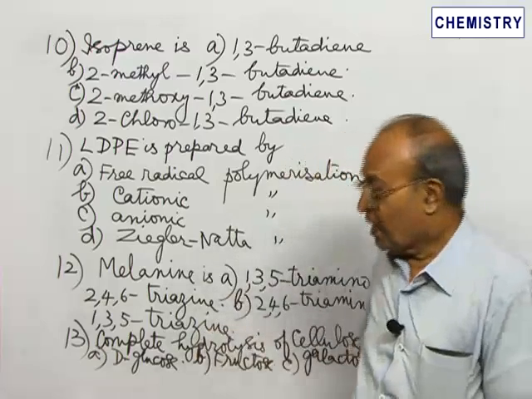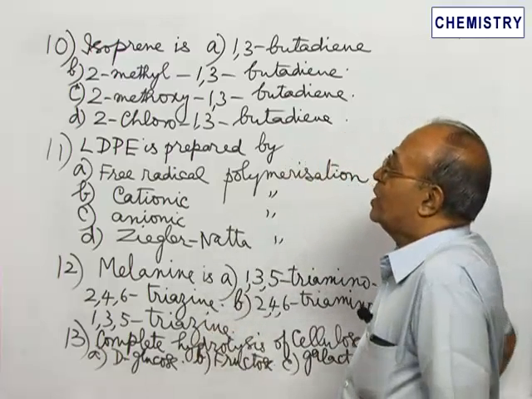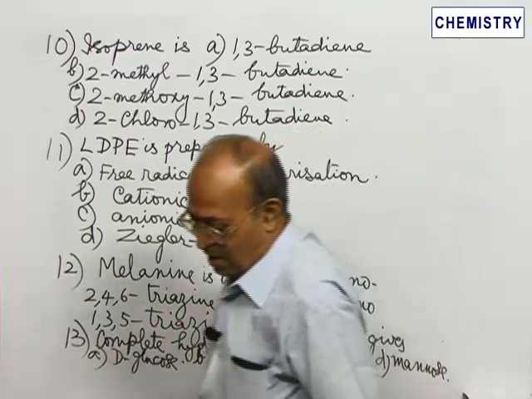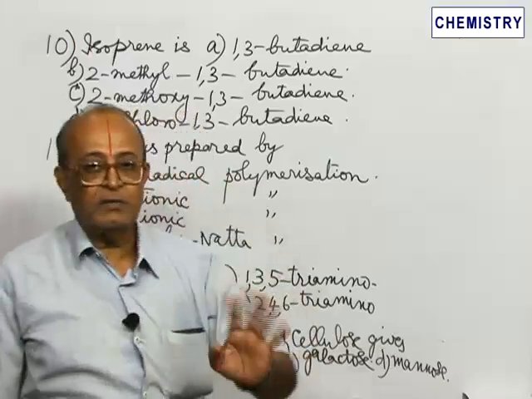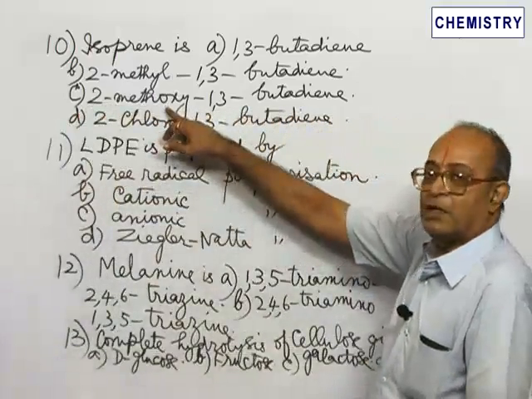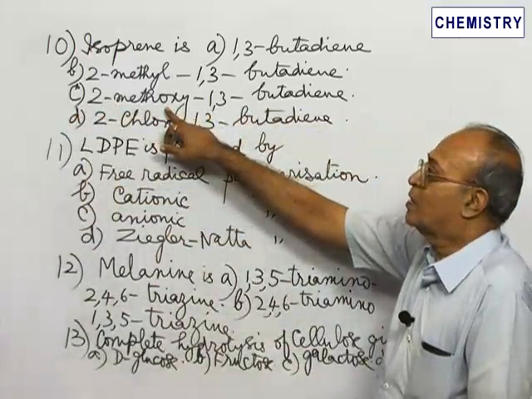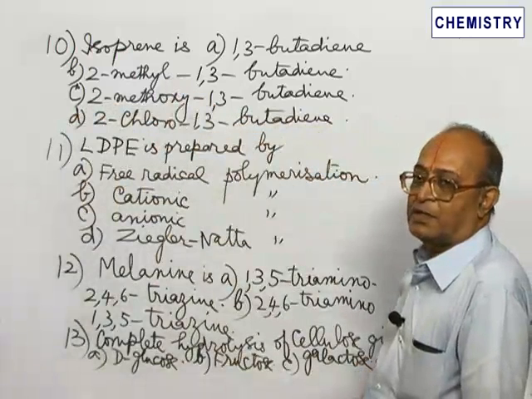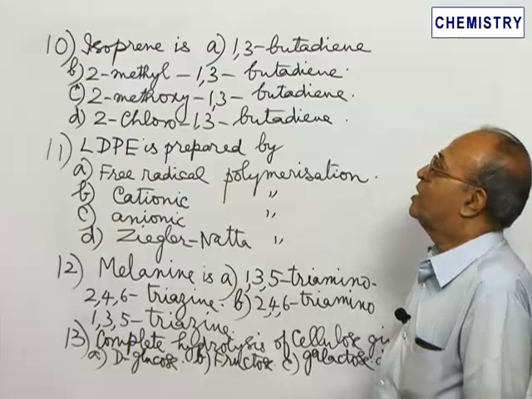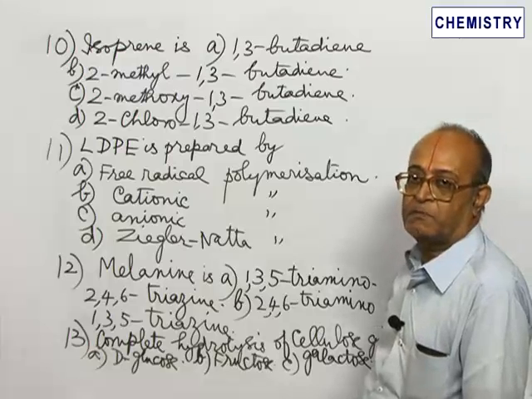Now, isoprene contains not the substituents chlorine or this methoxy group, but it contains methyl substituted butadiene.